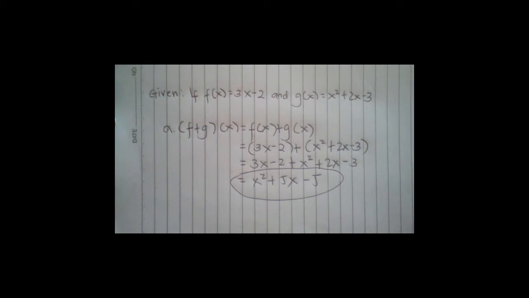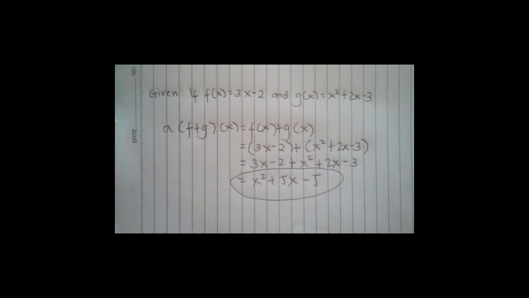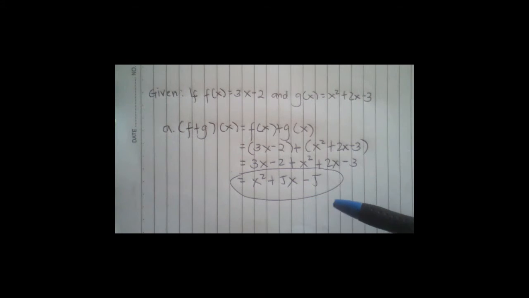Likewise, for the next step, we also need to combine similar terms, the negative 2 and negative 3, and it will show negative 5. This is the answer for the sum function, x squared plus 5x minus 5.